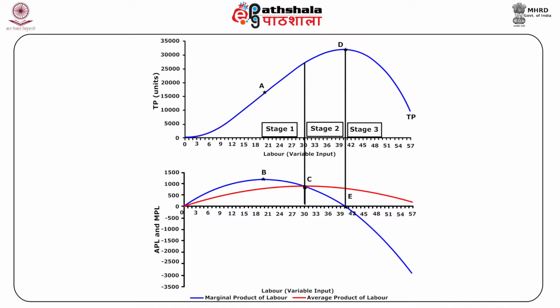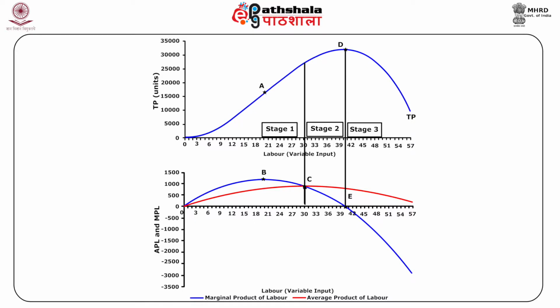This is due to the fact that MP of the variable factor, labor, is rising up to point B. That is, up to point A on the TP curve and point B on the MP curve, the incremental or additional output obtained by hiring an extra unit of labor increases.